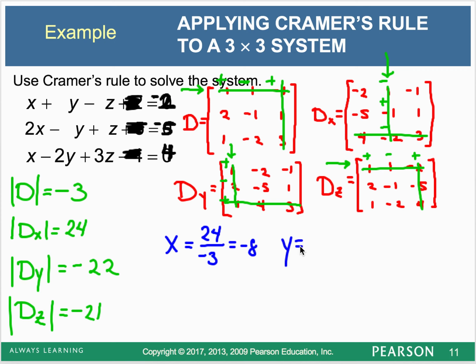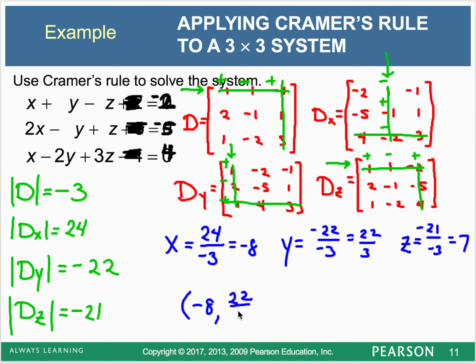Y will be the D sub y value, so negative 22 over negative 3. And z will be the D sub z value over that, so negative 21 over negative 3 or positive 7. Okay, so our solution, remember, is an ordered triple, x, y, z: negative 8, 22 thirds, and 7.